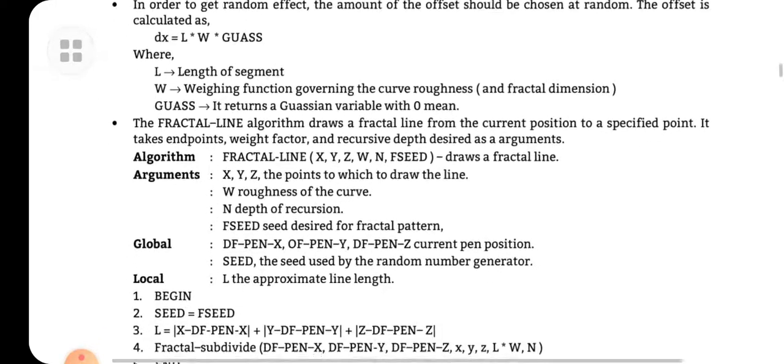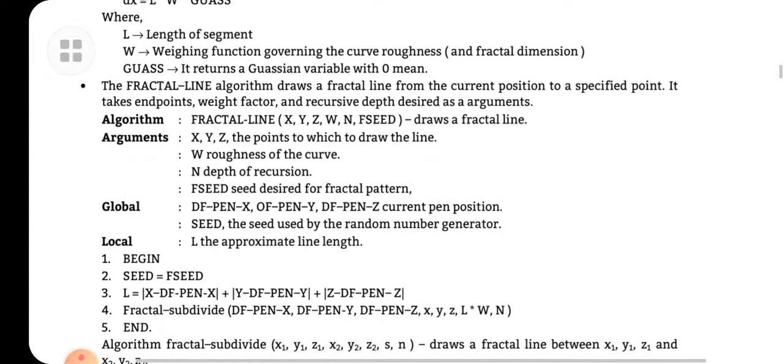The fractal lines algorithm draws a fractal line from the current position to a specified point. It takes the endpoints, the weight factor and the recursive depth desired as arguments. The algorithm is fractal line x, y, z, W, n, f, to draw a fractal line.